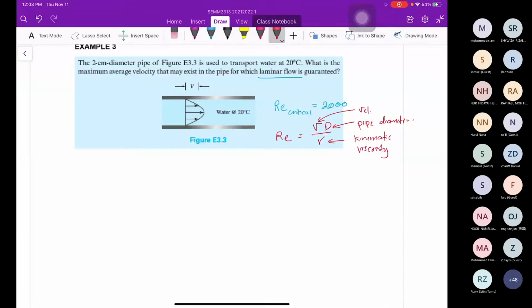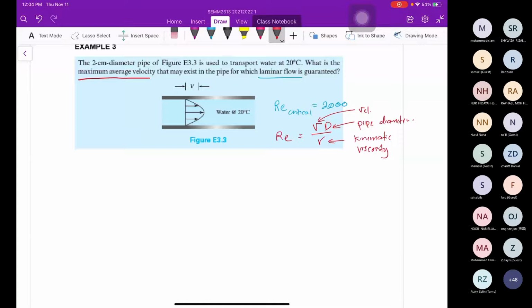Then you can see what is the maximum average velocity. We must equate the Reynolds number equal to 2000 to get the maximum velocity, because at the maximum velocity the flow will change slightly to become turbulent. So we need to know the maximum velocity.